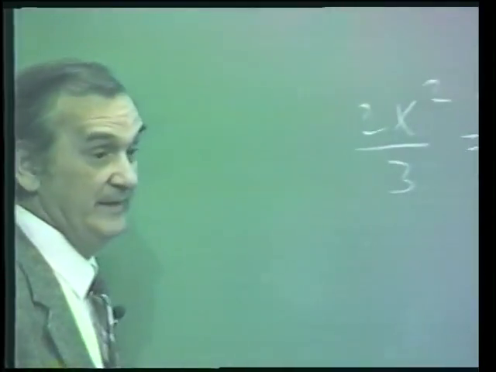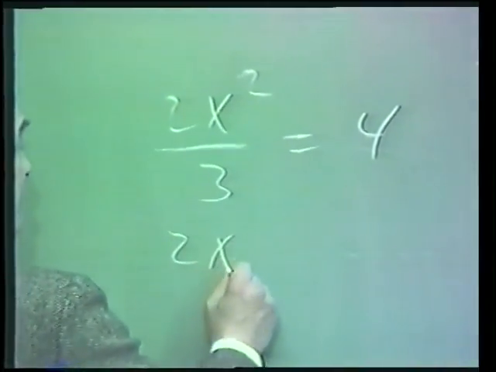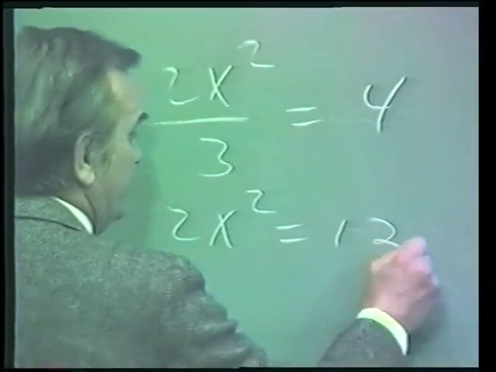I got x equals plus or minus the radical 6. Very good. How do we get it? We solve this as we would any equation. First step is to clear fractions. We multiply both sides by 3, and we come out with the equivalent equation, 2x squared equals 12.